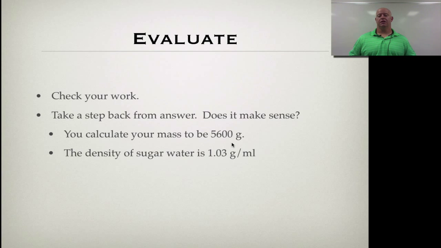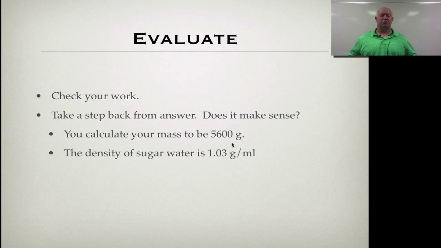We know that pounds and kilograms are somewhat close. They're not exactly the same, but they're somewhat close. So let's quickly mentally convert this to kilograms. Grams to kilograms is a 1,000 difference in conversion, so if we slide the decimal over 3 places, we get 5.6 kilograms.